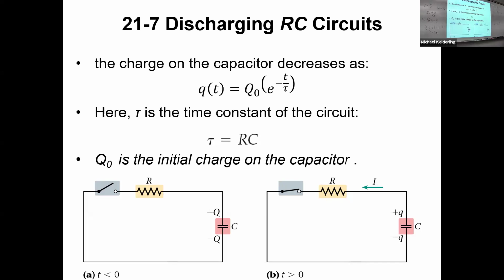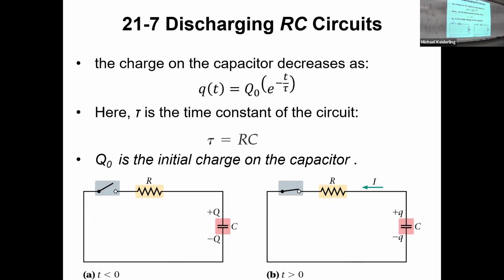Much simpler. The current formula looks the same. Current in both of these ends up being the derivative, which looks like something like epsilon over R e to the minus t over tau.